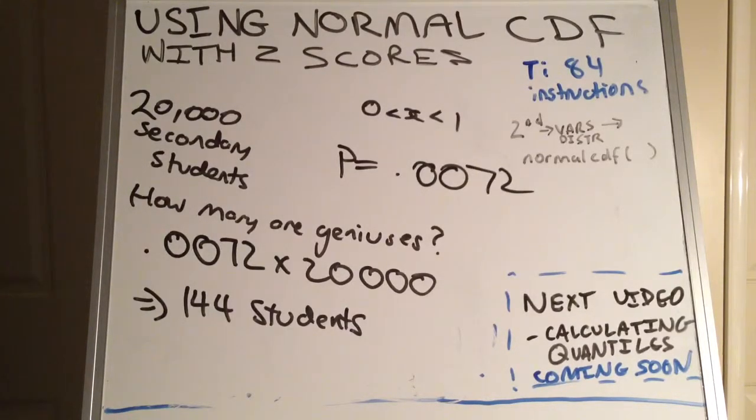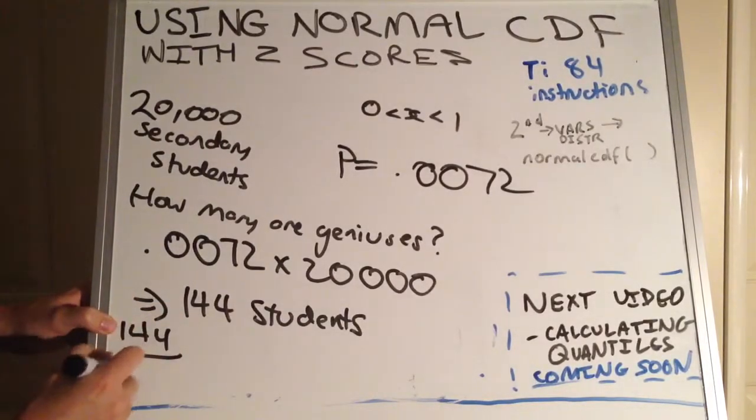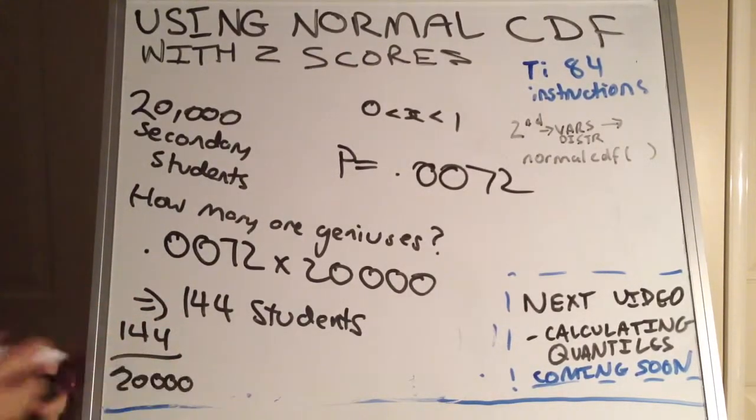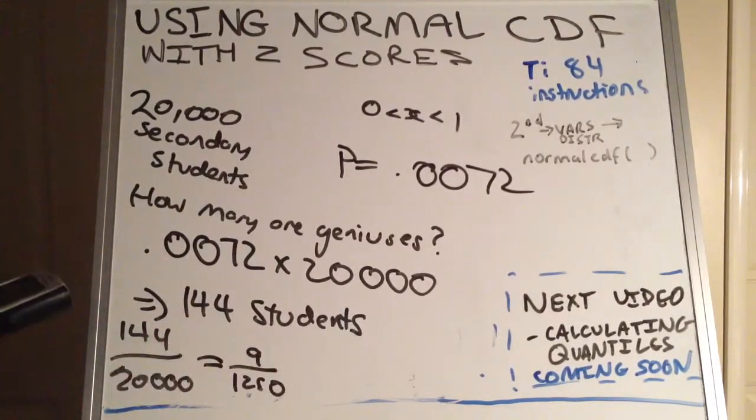And as you can see, if we actually do the inverse again, so 144 over 20,000, if you just check that out on your calculator, you should get the same probability result as before. Yeah, I actually did it in fractions, so it simplified the fraction for me, which is 9 over 1,250.